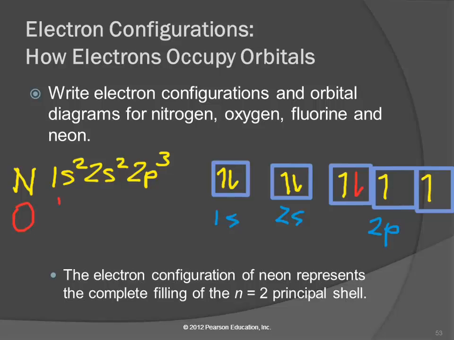And then over here, we have 1s2, 2s2, 2p4. Let's go green for fluorine. Fluorine has 1 more electron, so that electron's going to go in here. So 1s2, 2s2, 2p5.